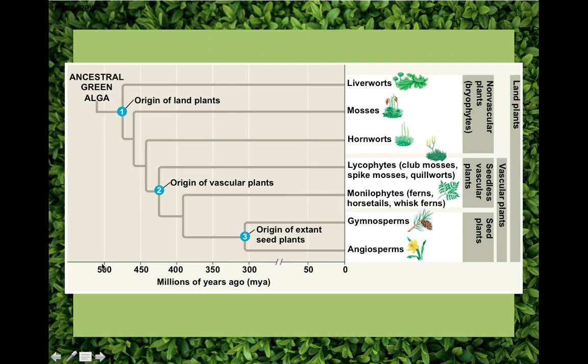So 500 million years ago, that's much earlier than the dinosaurs by about a couple of 100 million years. And then seed plants developing sometime in the middle of the Mesozoic, or the age of dinosaurs, and then angiosperms really coming into their own since the extinction of the dinosaurs.